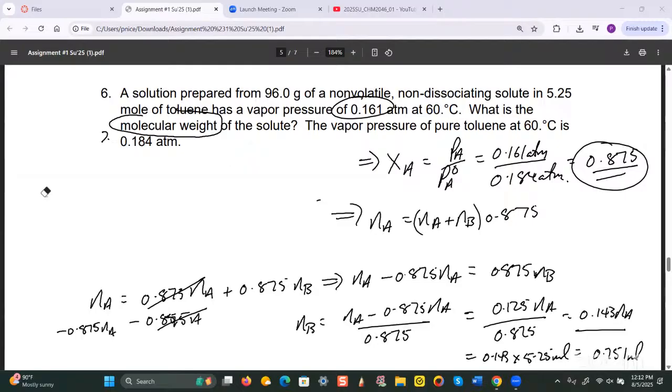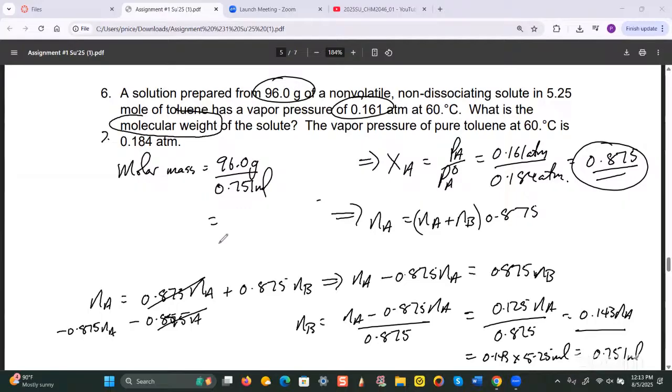So here I'm going to say that the molar mass is equal to the mass in grams, which is the 96.0 grams, divided by the moles, which is 0.751 moles. And let's see what that gives. 96 divided by 0.751.